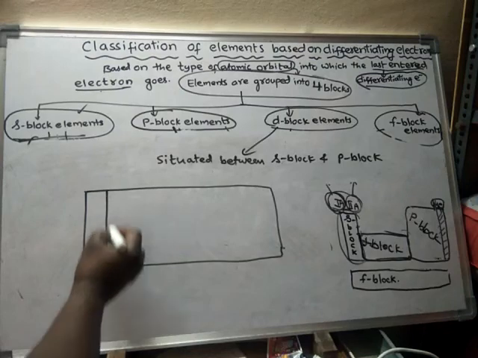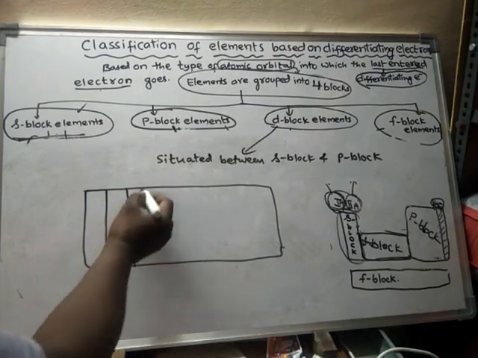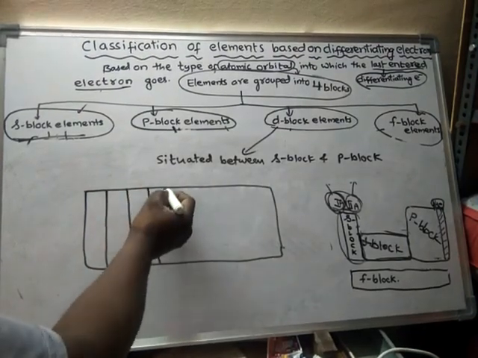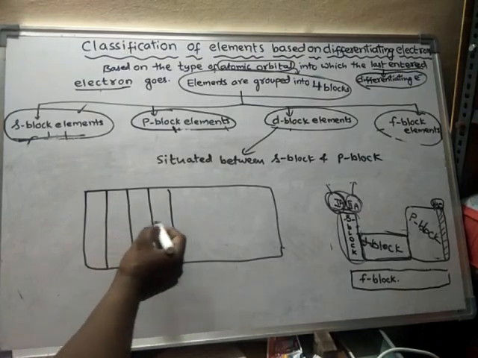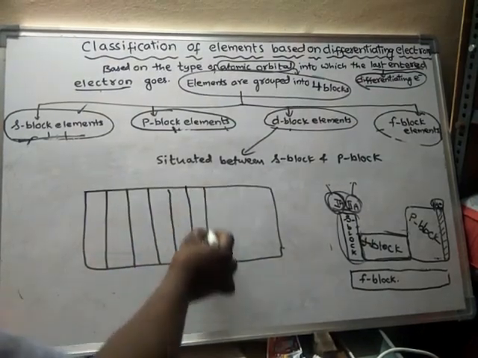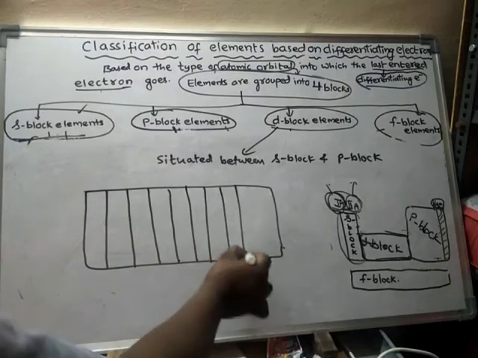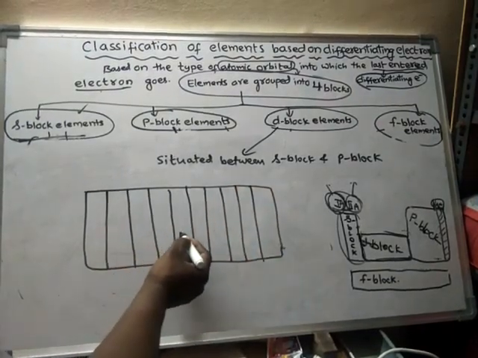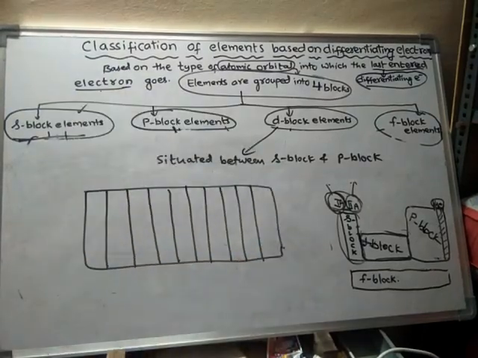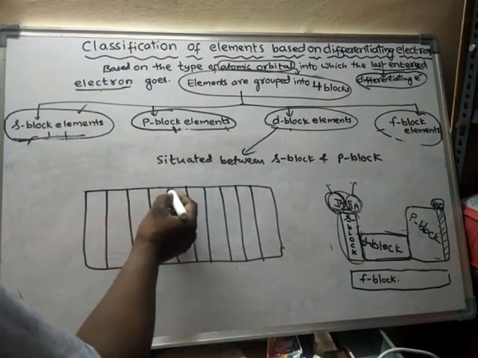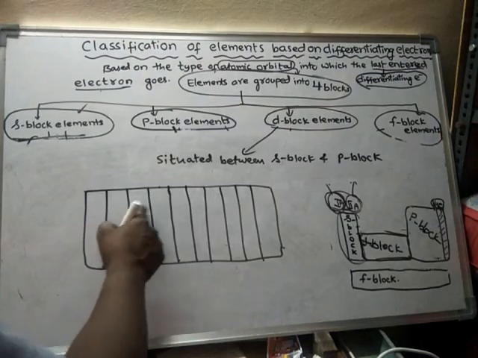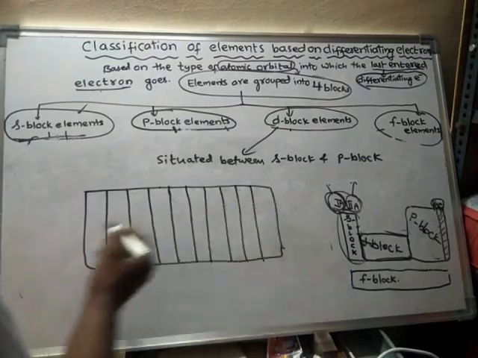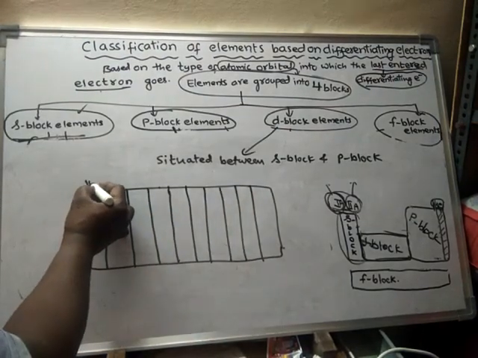See here, there are 10 vertical columns, or 10 groups: 1, 2, 3, 4, 5, 6, 7, 8, 9, 10. So all the D block elements are divided into 10 groups. Here this is called the third B group.